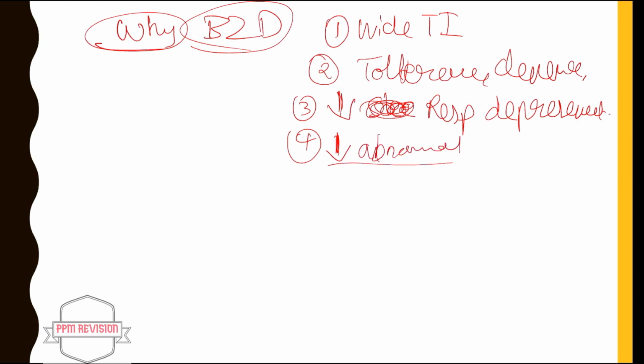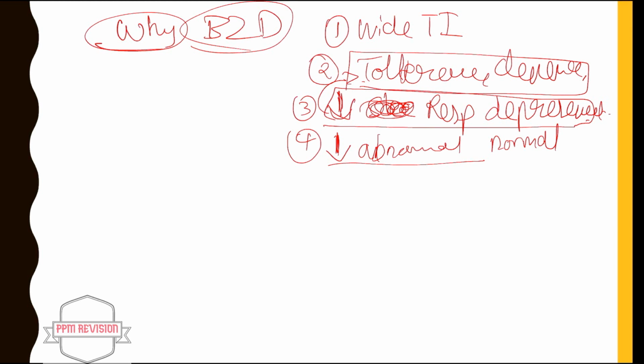So the sleep you see is normal. The respiratory depression is also less, and the tolerance and dependence is also less in case of short doses. So here the sleeping person is nothing but normal sleep, and the basketball which I drew, if you can recollect, is nothing but the rebound phenomenon.